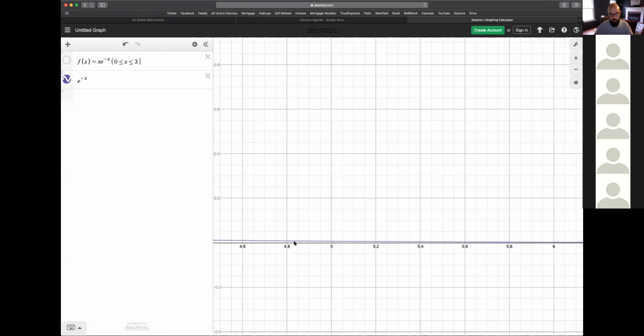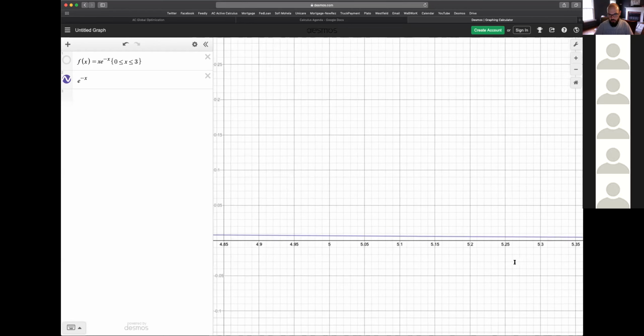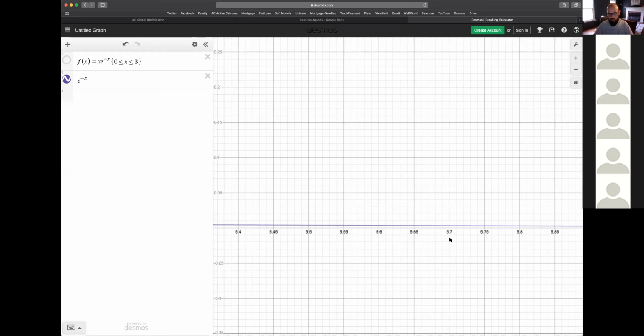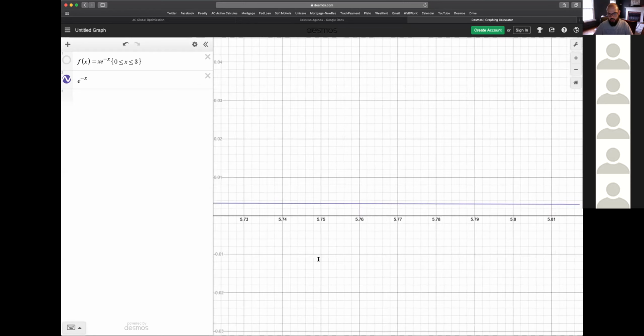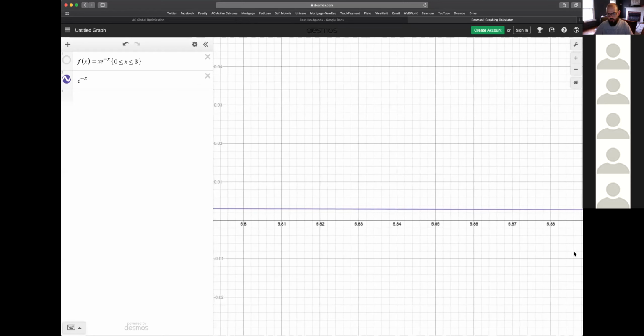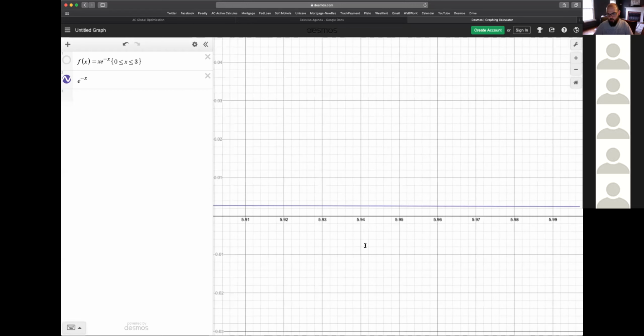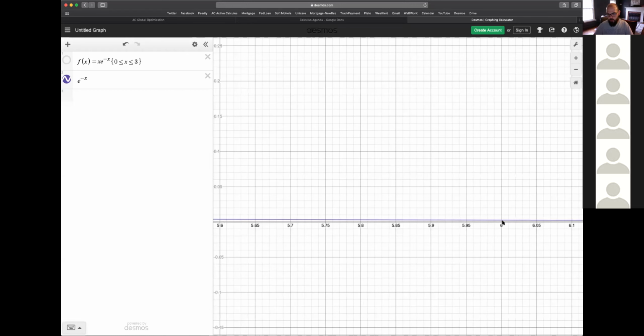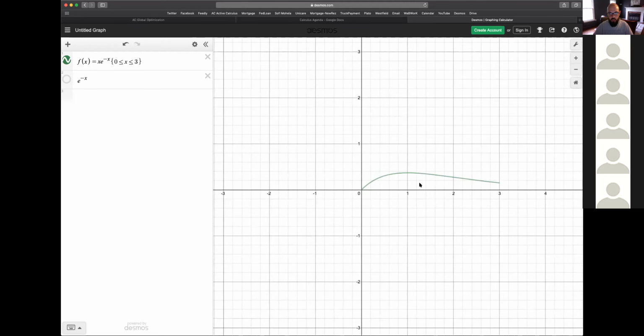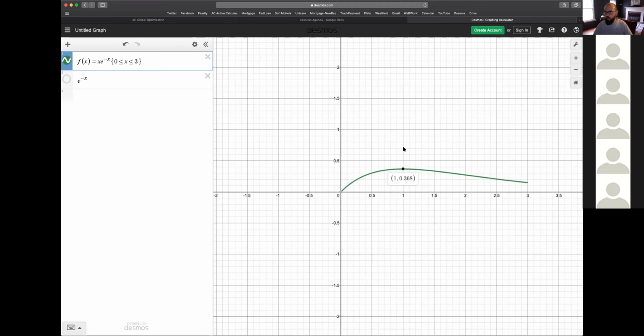This graph gets really close to 0. It keeps getting closer and closer, but it never actually gets there. As we scroll right, you can see it gets closer and closer to 0, but never actually reaches it. So the only critical point we're going to have for our function is this one right here at x equals 1.